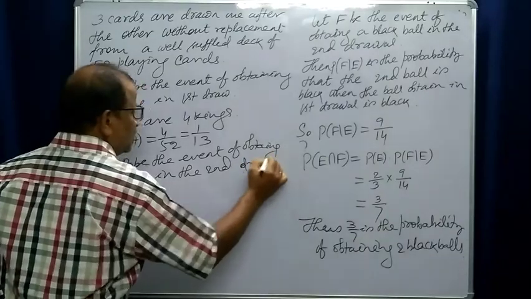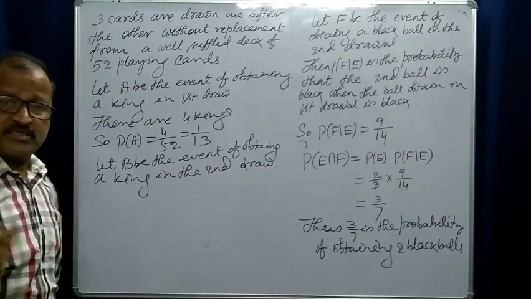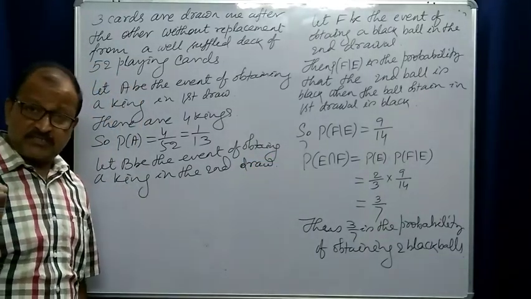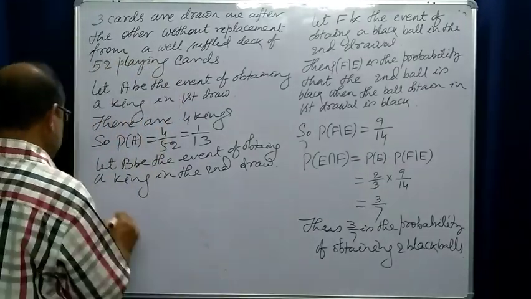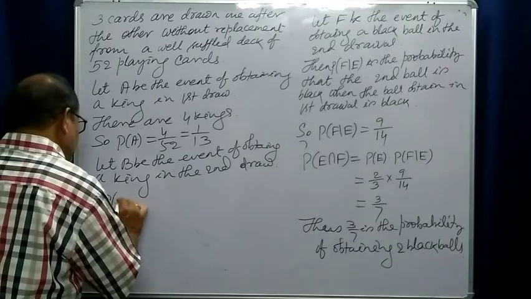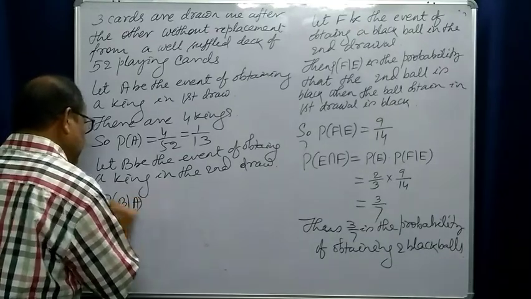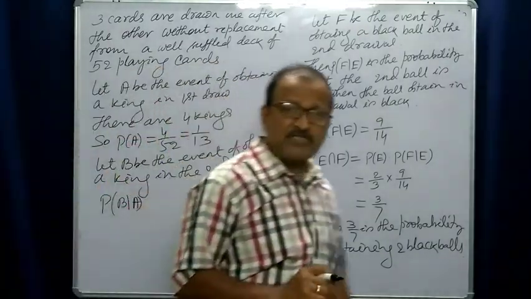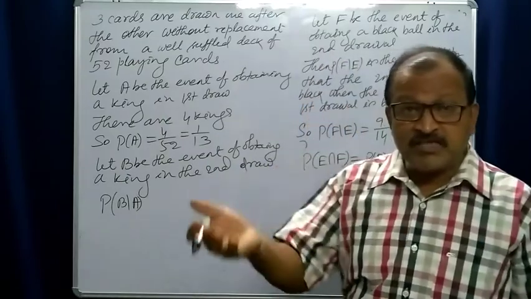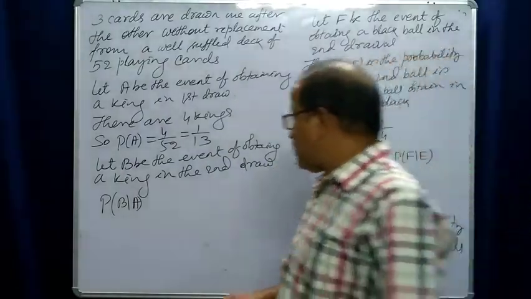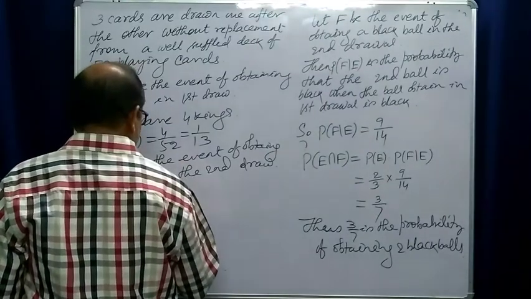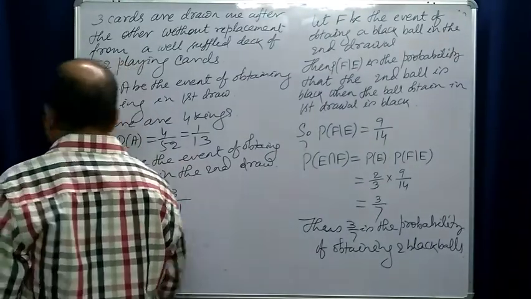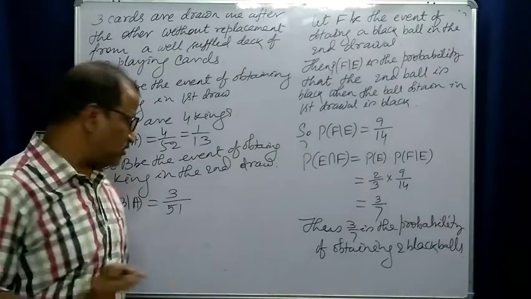There will be 3 kings remaining. What is the probability of B given A? B given A means A has already occurred, one king has already been drawn. So it will be 3 by 51, since out of 52, 1 is drawn.